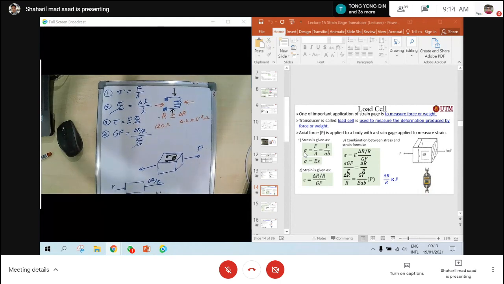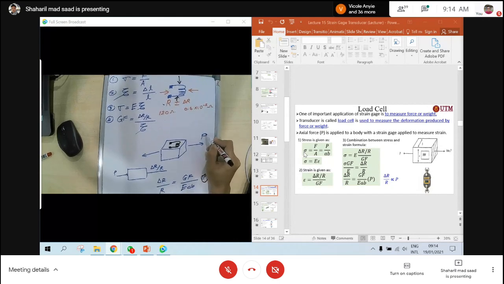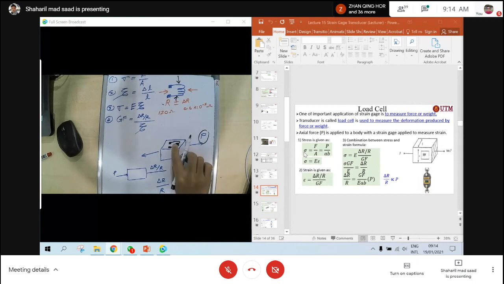The formula for this load cell is delta R over R equal to GF over EAB times P. Your P now is the force that you apply, the weight that you apply, right? GF is already fixed. When you buy the strain gauge, it has its own GF. And then E, the Young's modulus of this material.